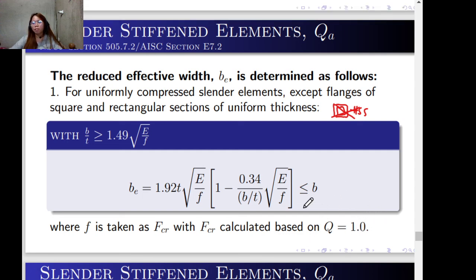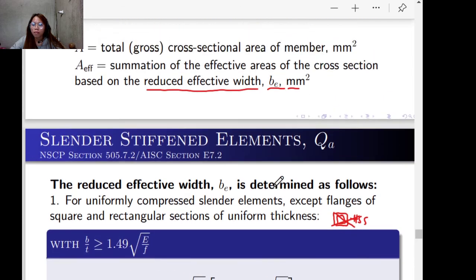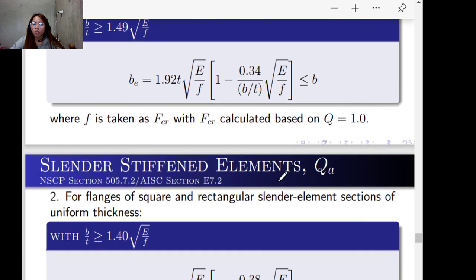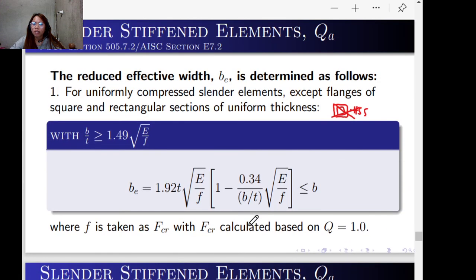Okay, let's have an example now to better understand these provisions or conditions. Number 1 is for uniformly compressed slender elements, except for flanges of square.